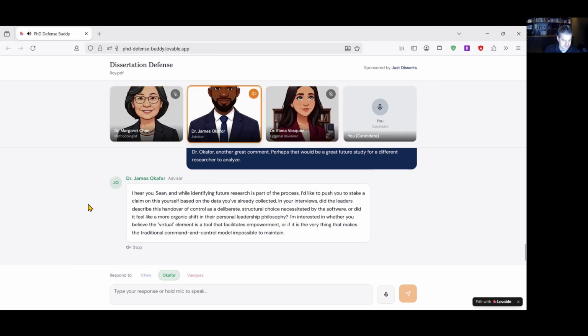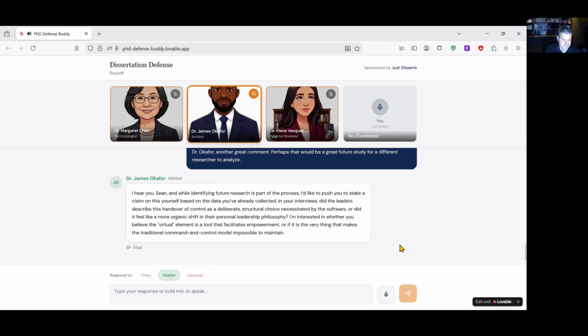I hear you, Sean, and while identifying future research is part of the process, I'd like to push you to stake a claim on this yourself based on the data you've already collected.